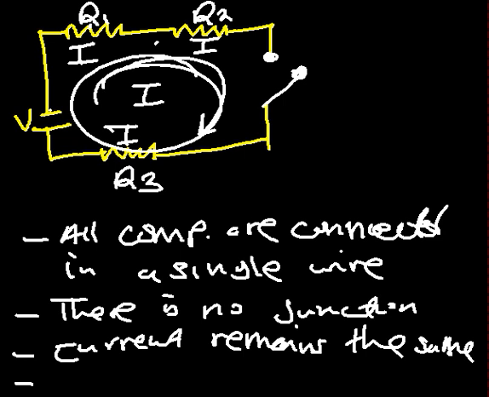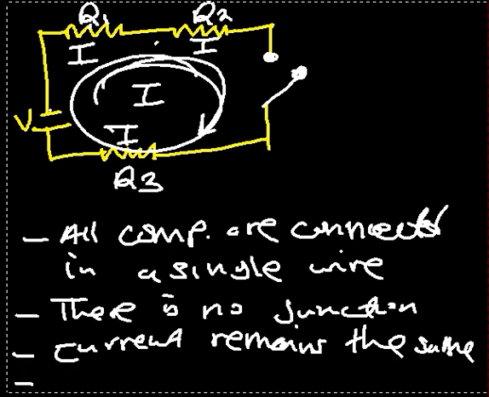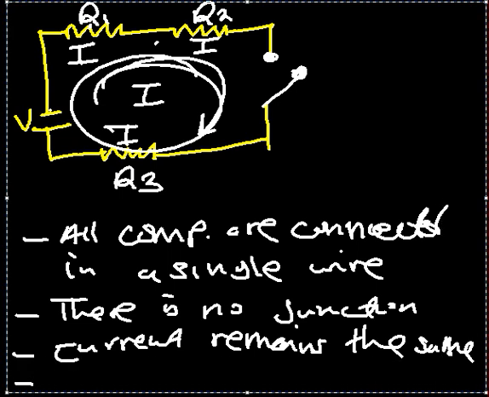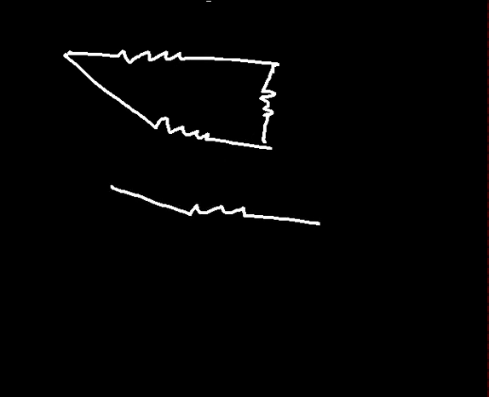So we can have different orientations of circuits that are series circuits. For instance, let's also look at this kind of circuit. We can have this kind of circuit too. This is a series circuit, you should understand.